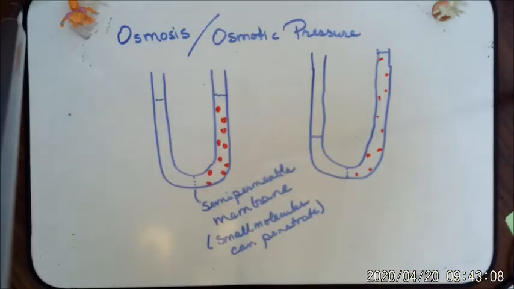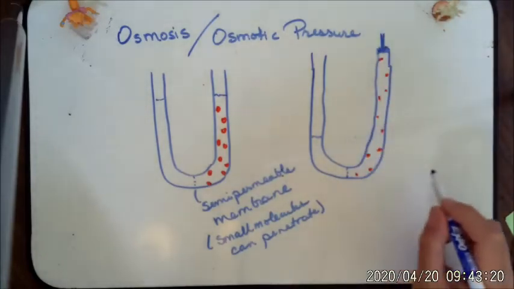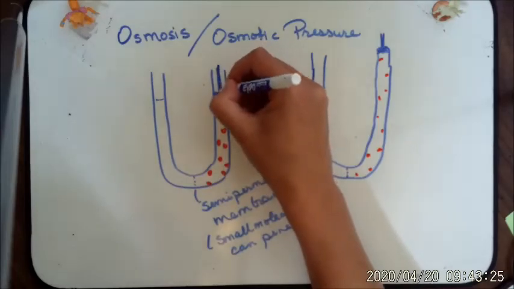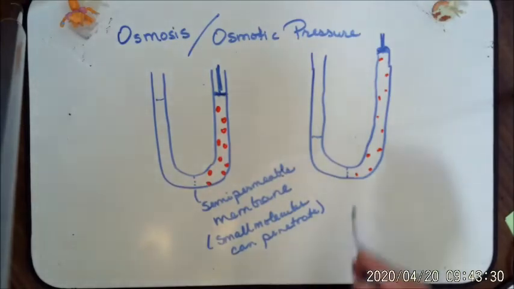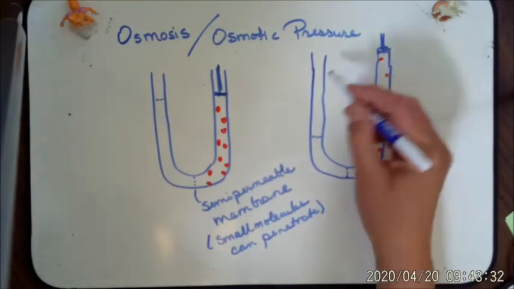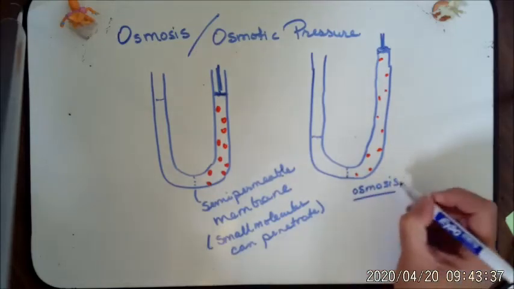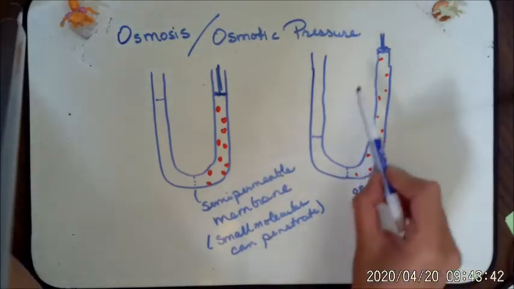Now how much pressure did this apply? If you have a little piston, and you push it down so that it looks exactly how you started, basically this is what happens. This is osmosis, I'm traveling with my solvent through the semi-permeable membrane to try to equalize my concentrations.